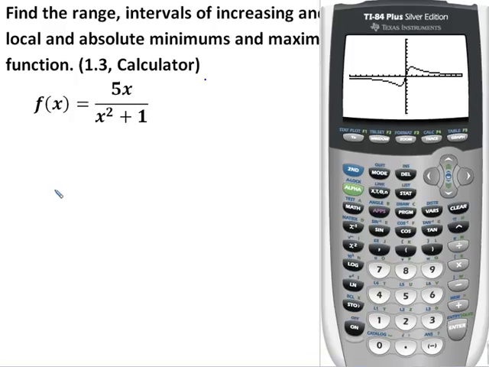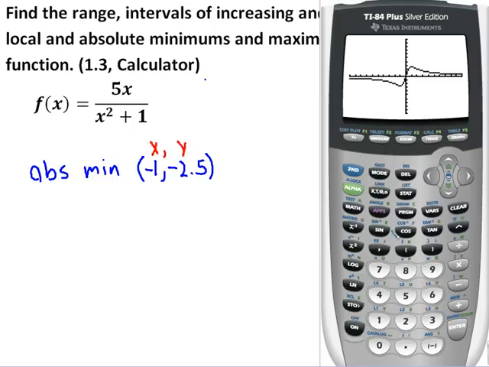So we can start off by naming our minimums and maximums. We could say we have an absolute minimum at -1, -2.5. Okay, so that's an x and y coordinate actually to describe our mins and maxes.